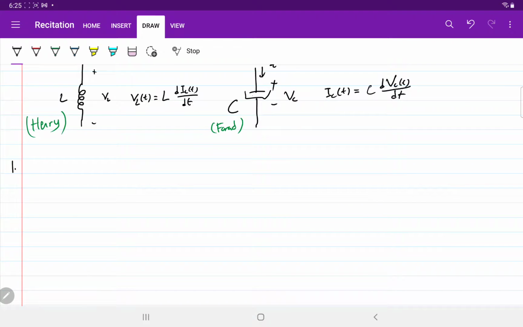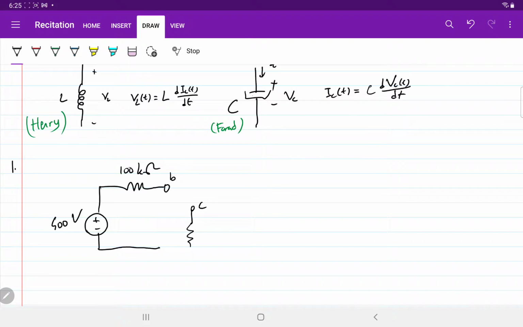First problem, we have this circuit: a plus minus 400 volt DC voltage with a 100k ohm resistor connected to point B, and another 50k resistor connected to point C. I have a switch connected to point A, and there is a capacitor of 0.1 microfarad.